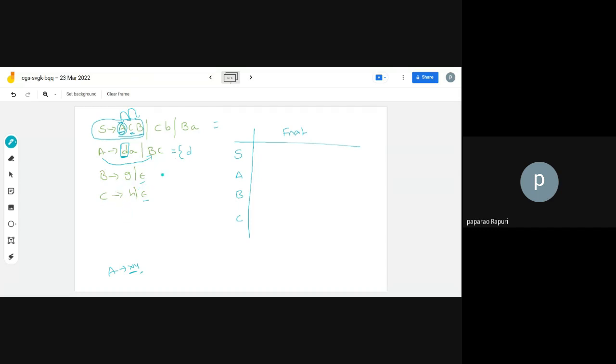So first of B equals g comma epsilon. First of C equals h comma epsilon. So by removing epsilon, we'll get g, h.